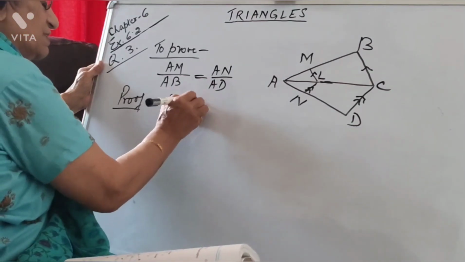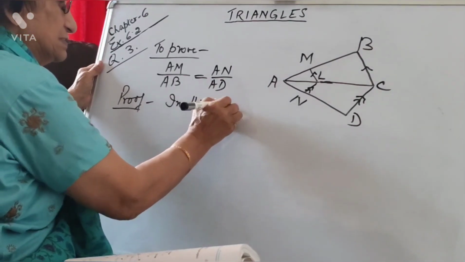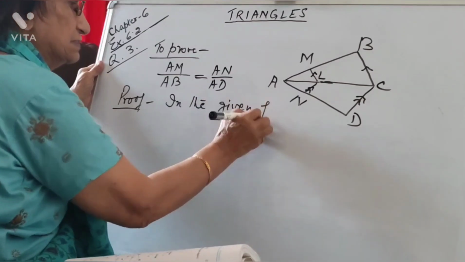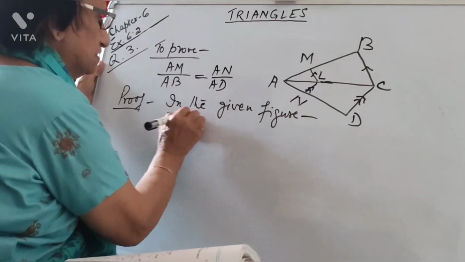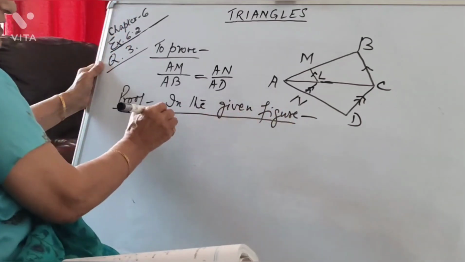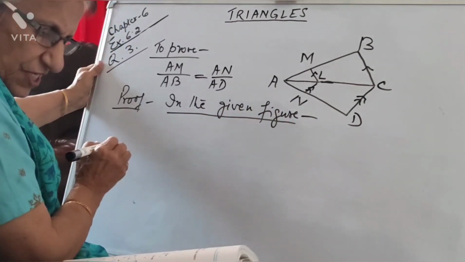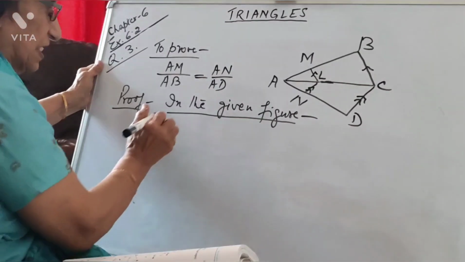Now prove. In the given figure, पहला दिया है LM is parallel to CB.